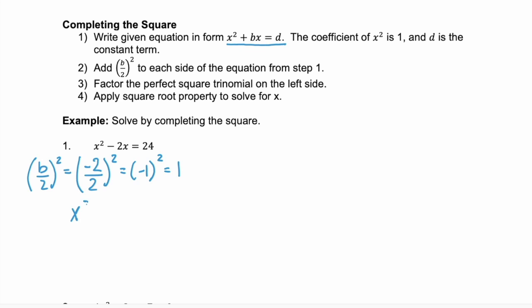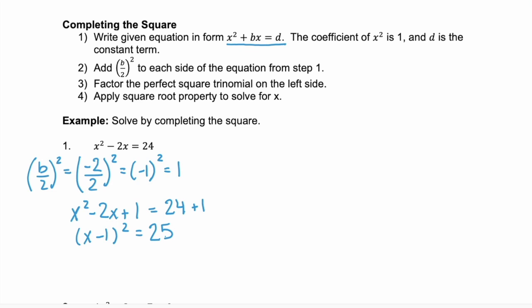That would give us x squared minus 2x plus 1 on the left, which is a perfect square trinomial, equals 24 plus 1 on the right. Now we can factor the perfect square trinomial on the left, and we get (x minus 1) squared equals 25.